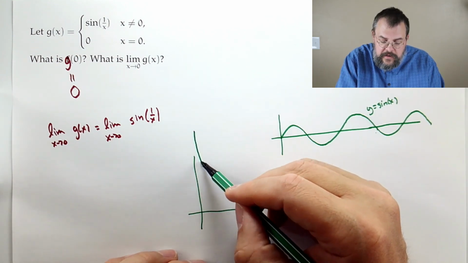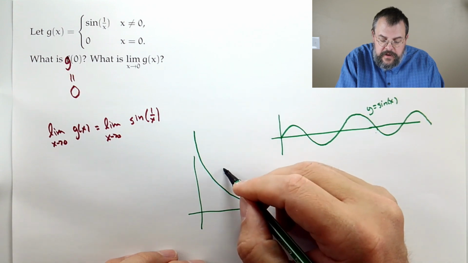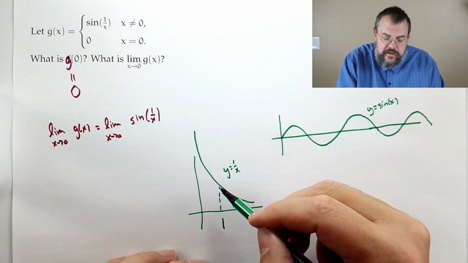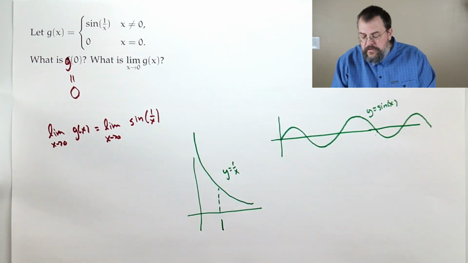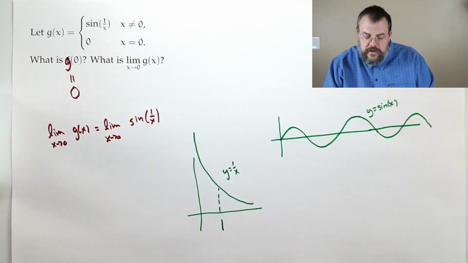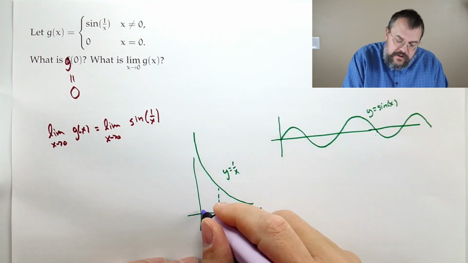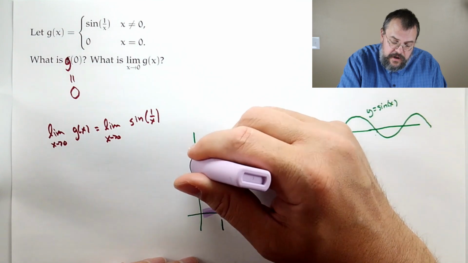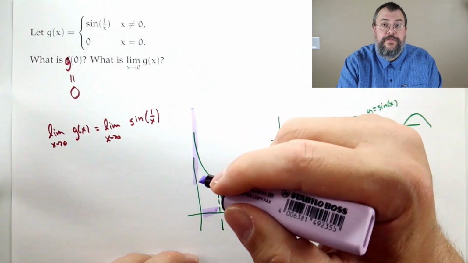It looks like this curve here. And if I were to come here to 1, what I see is that in this interval between 0 and 1, so in other words, when I'm looking at the values between 0 and 1, what happens is I capture all the outputs from 1 to infinity.